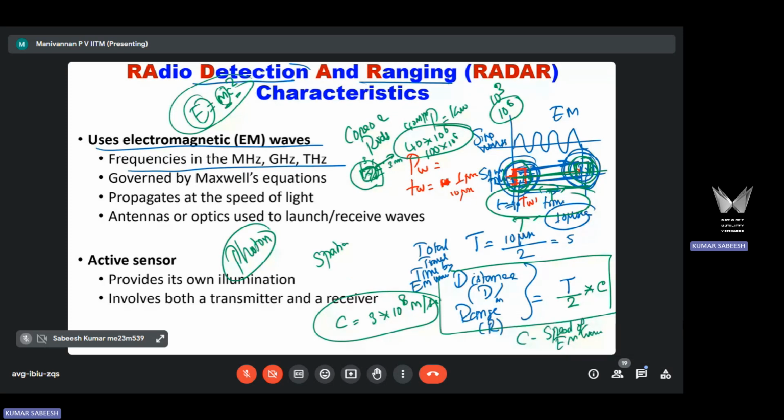Okay, fine. Electromagnetic waves, radio, that means TV signal, your cell phone signal, radar signal, X-ray, light, all these things are electromagnetic waves. Electromagnetic waves can travel in empty space also.